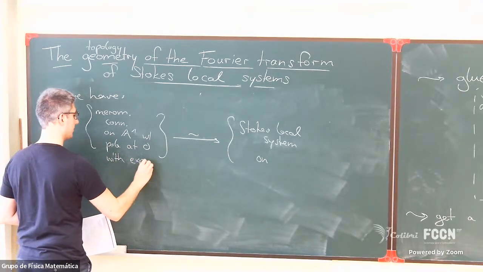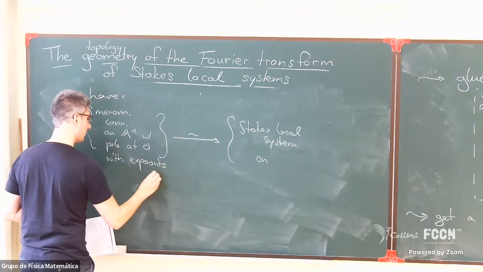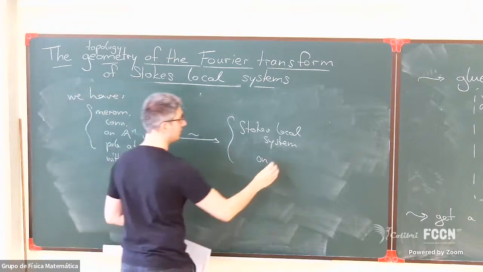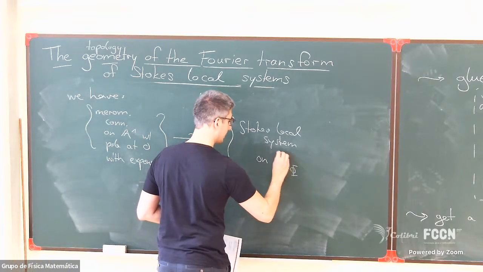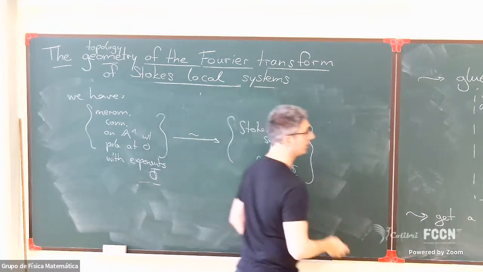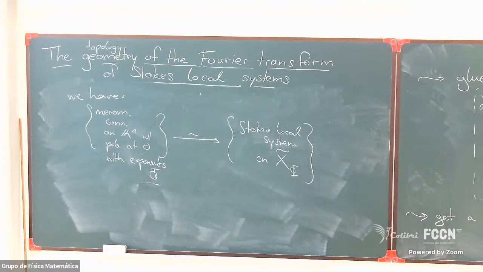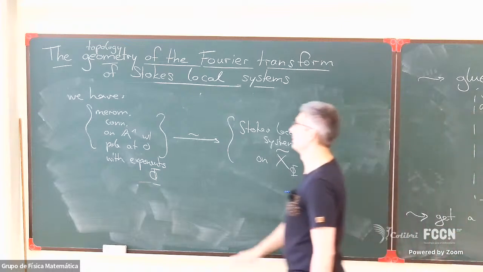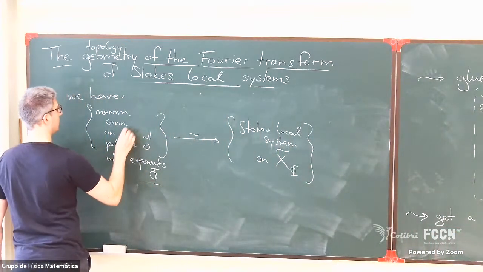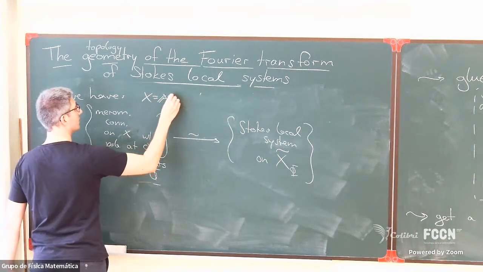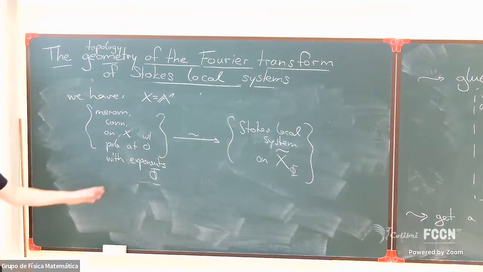Let's say I also fix the set of exponents, then I get a Stokes local system on this modified surface that I call X, with X equals A1. Okay, and this is an equivalence.